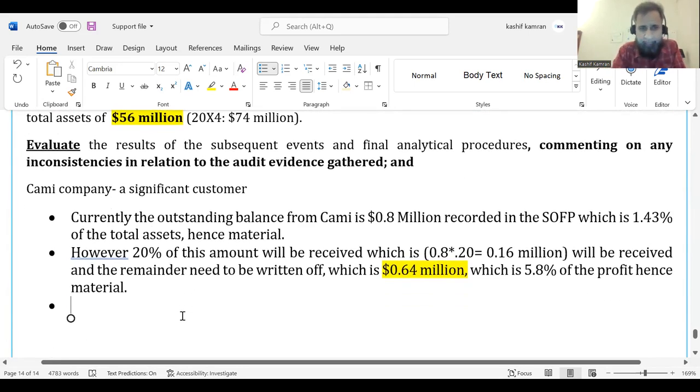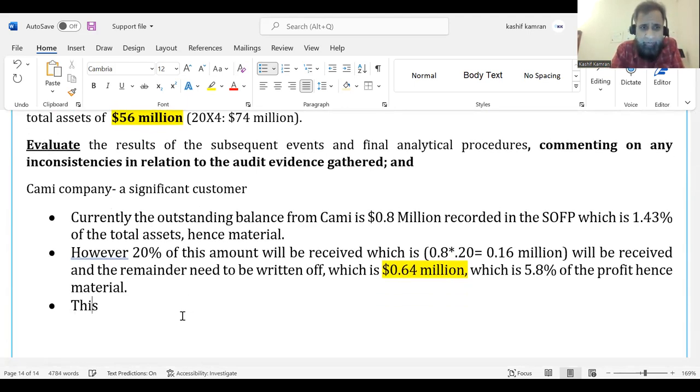You go further and you tell this amount should be written off as it is an adjusting event.